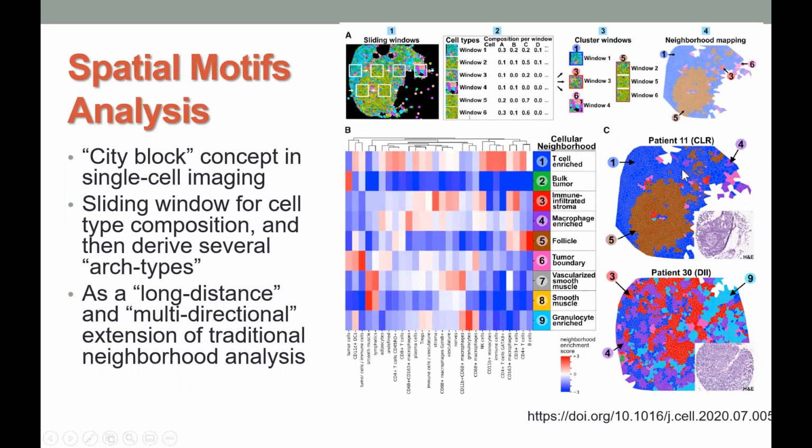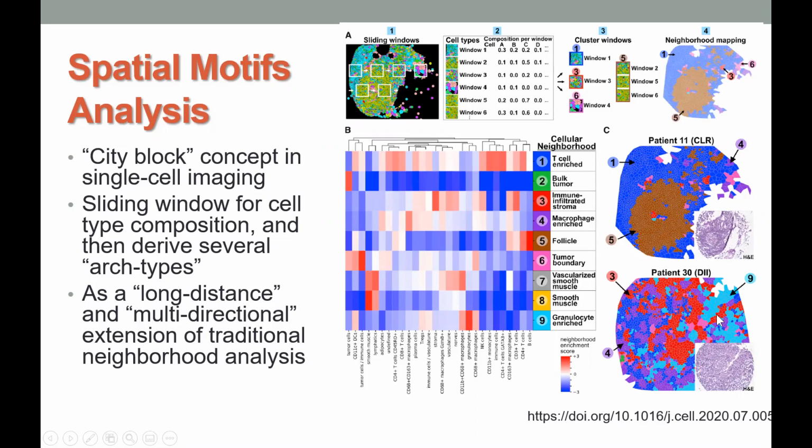So later people developed a more complicated method by looking at the spatial composition within a given region. I call it spatial motif analysis, a more city-block-like concept. In any given tissue sample, you can start to divide it into different blocks.